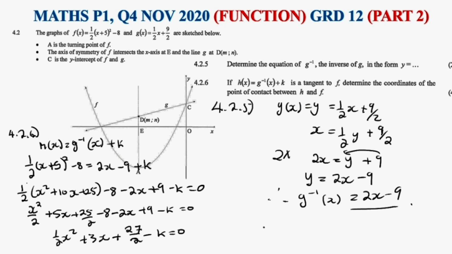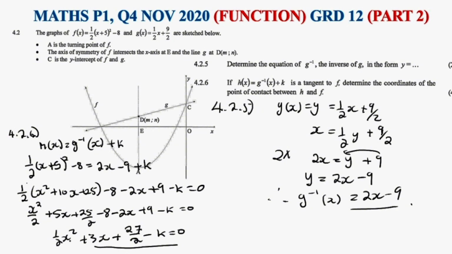Definitely now, what did they ask us to do? They said we must find a tangent to f, determine the coordinates at which it's going to pass through. Once you reach this point, you get a tangent of any function when the derivative is equal to 0.